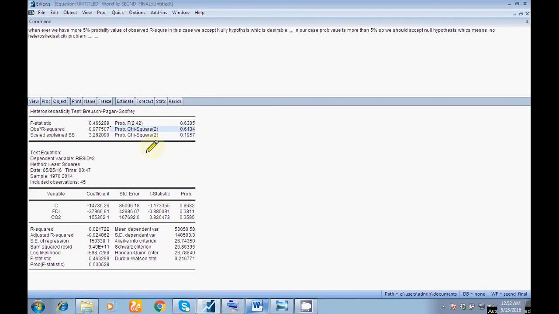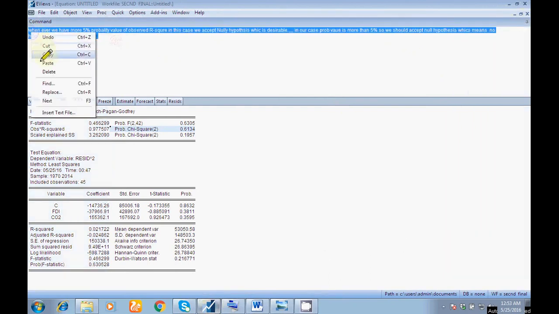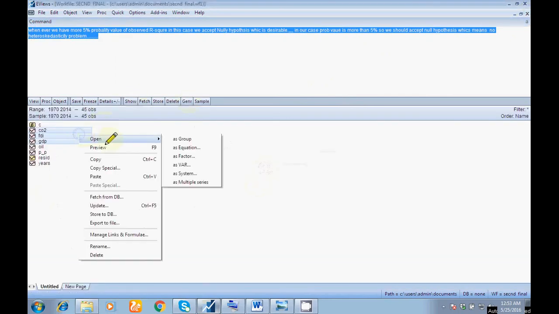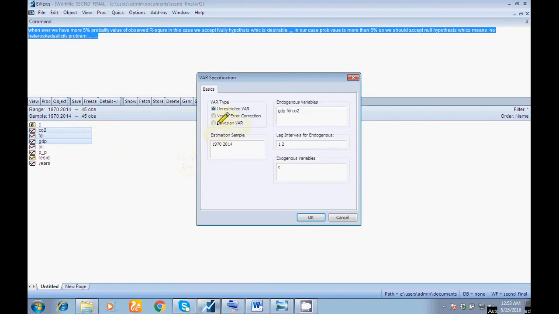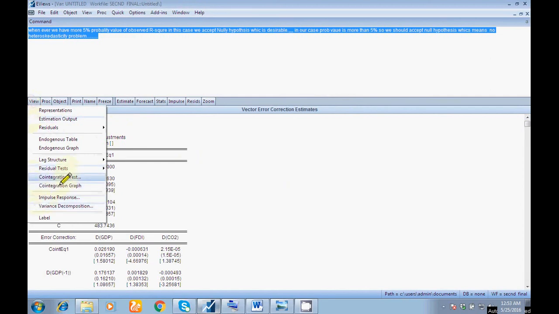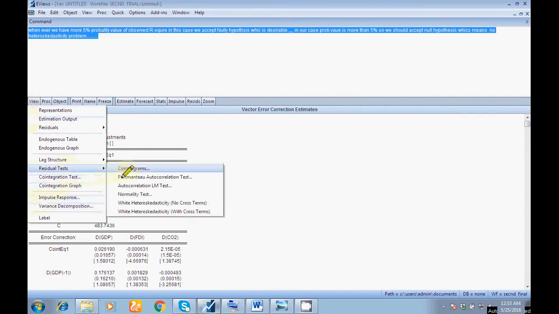Now I would like to run another model, an unrestricted VAR model, meaning the VECM model. I should copy that. Copy. I run Open as VAR, VECM. Okay, go to View, Residual Tests. Friends, look here, there is no heteroskedasticity test like Breusch-Pagan, only a White test, but I am not interested in the White test.